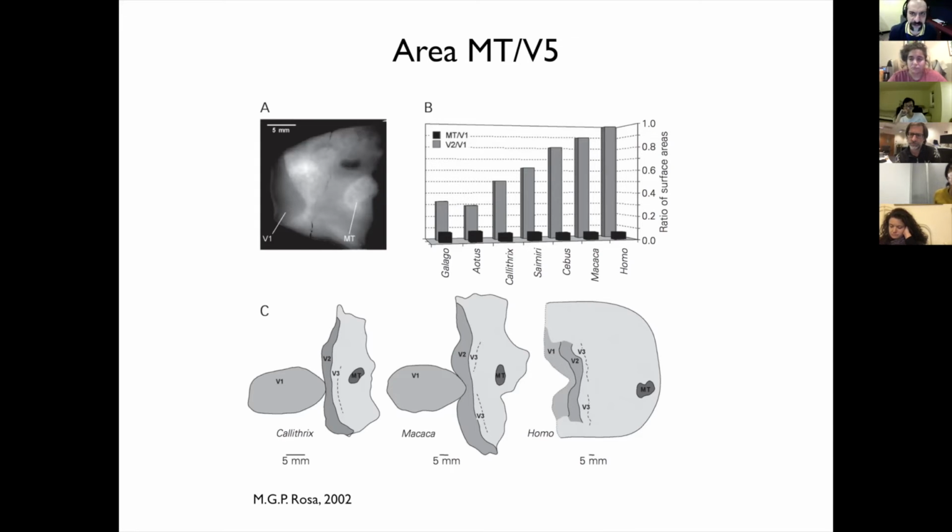It is a little different from other areas. It's an interesting case. MT is histologically different, it is highly myelinated, so it's like V1 from the point of view of histology. From the point of view of development, it's also like V1. It's a primary cortex that has changed later in development and in evolution.